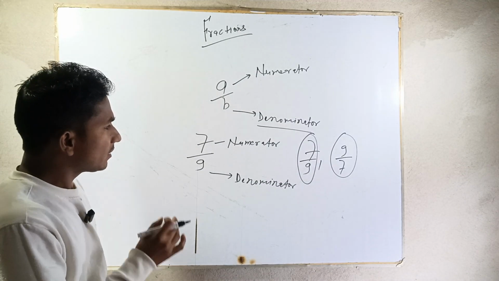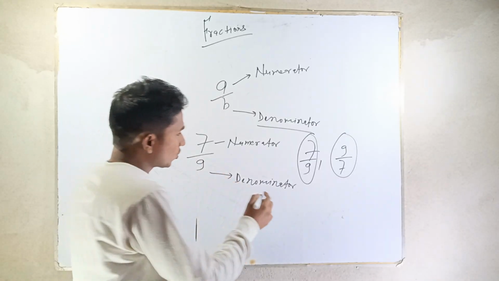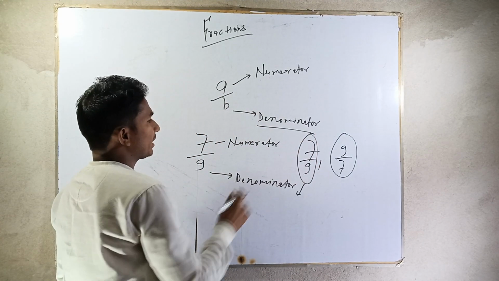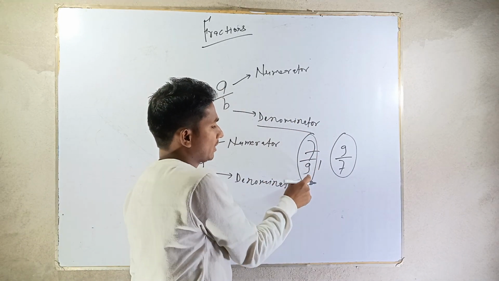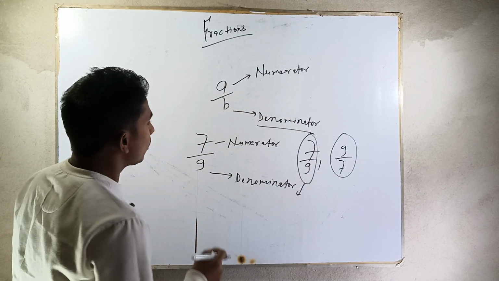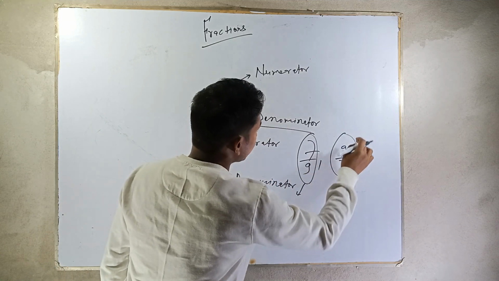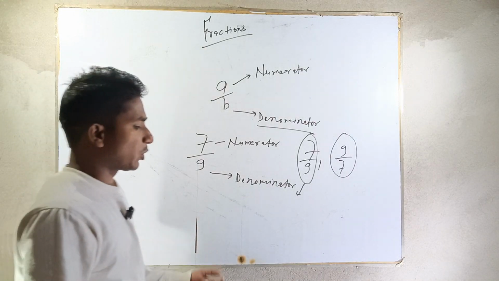For that reason each is called by a different name. This one is called a proper fraction because its numerator is less than the denominator. Where the numerator is greater than the denominator, that is called an improper fraction.